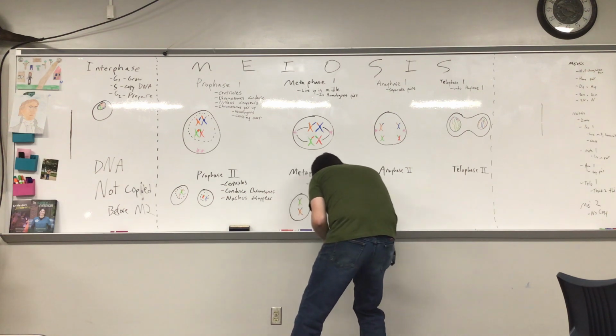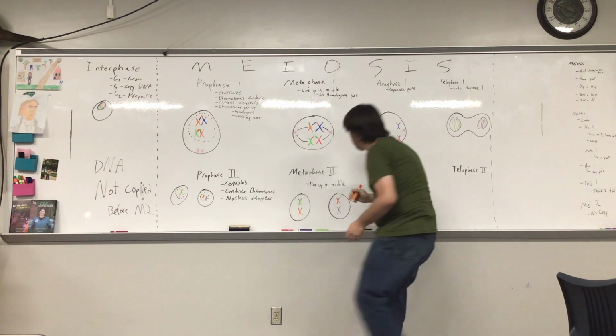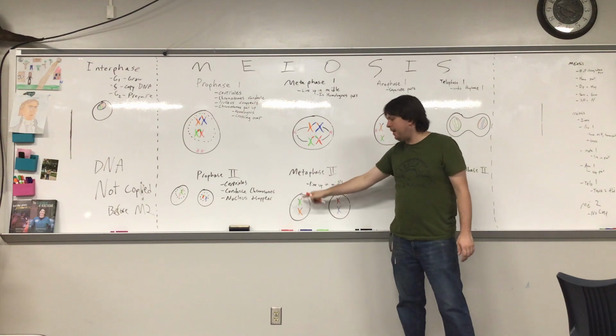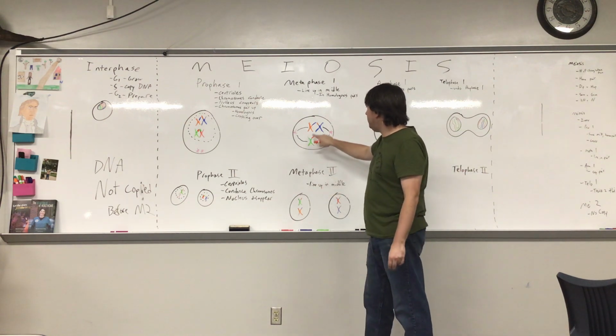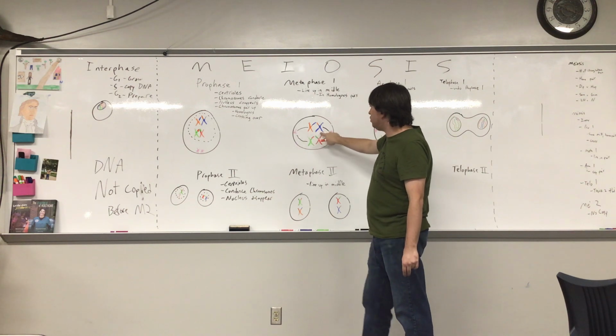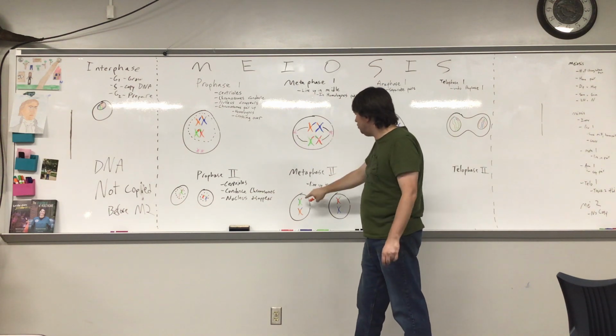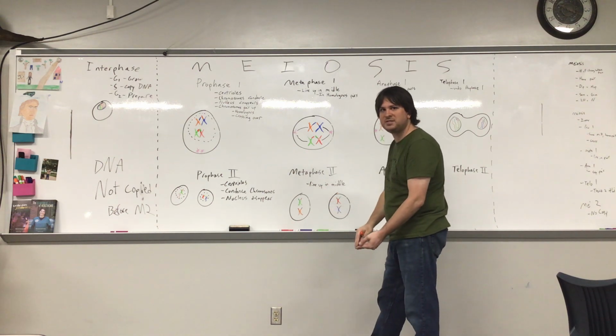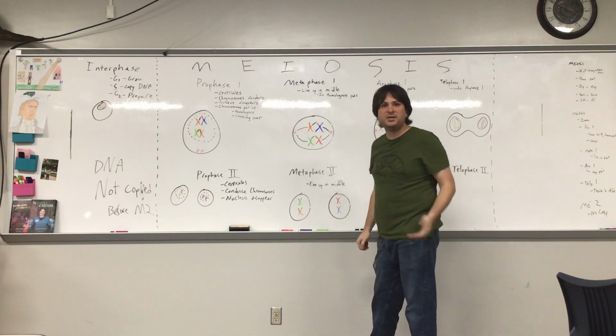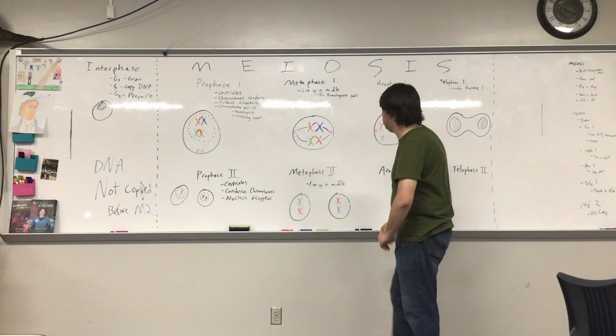They are not side by side. They are in a line, up and down, since they are not homologous pairs. Green, if this is chromosome pair 1 and this is chromosome 2, green and orange, 1 and 2, don't have the same information, so they can't be side by side. They're in a line, like in mitosis, where you don't have copies.